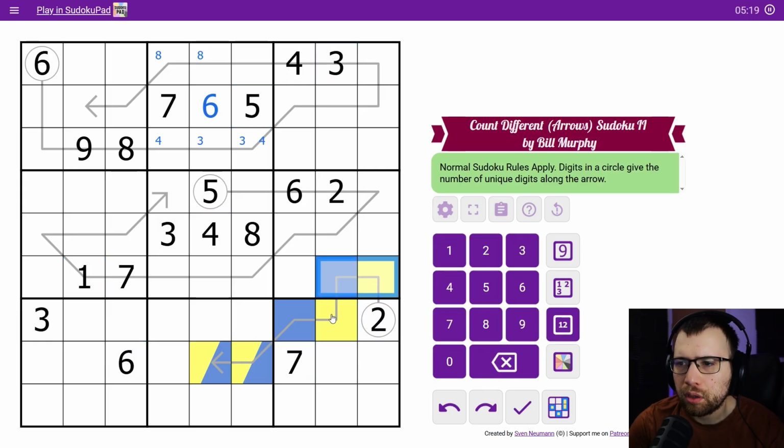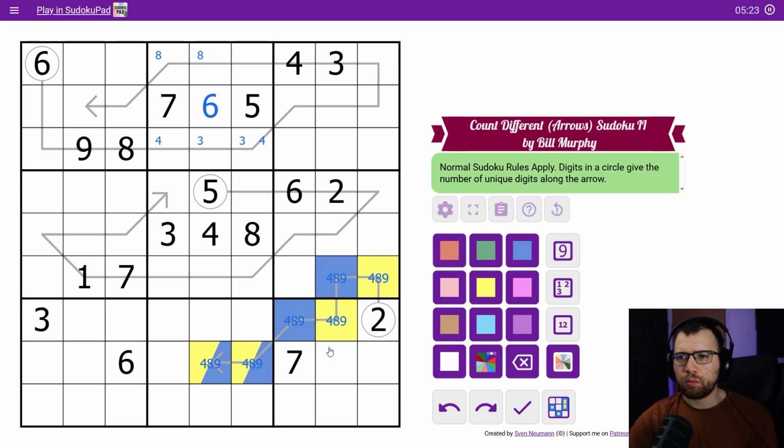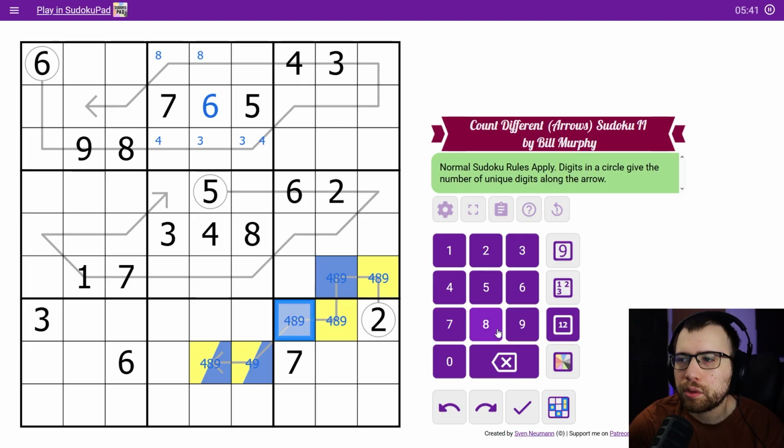Okay, so this is 4, 8, 9. We don't know what they are. Although this one's not going to be an 8. All right, we'll just leave that there for now. Since it's 4, 8, and 9... never mind. This one can't be a 4.